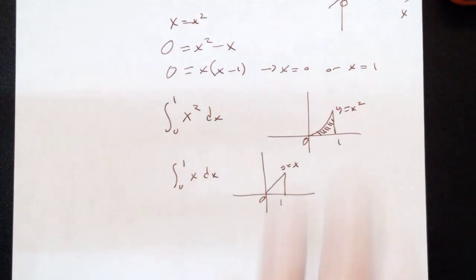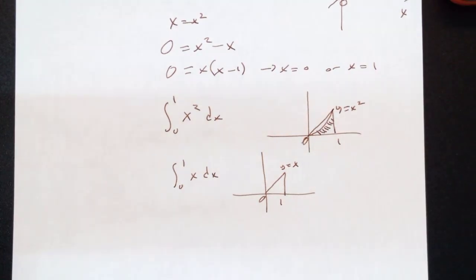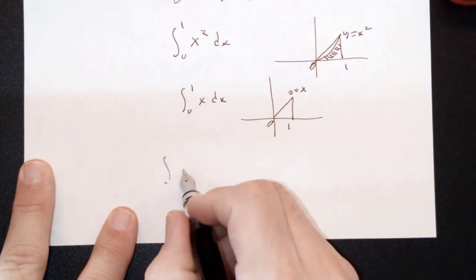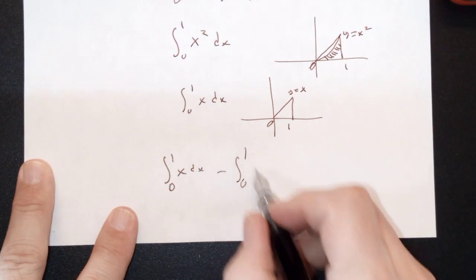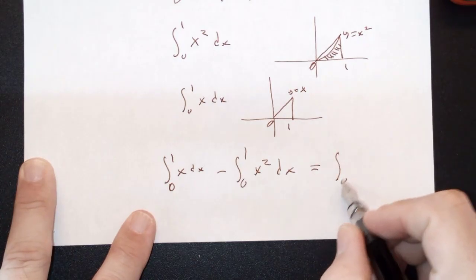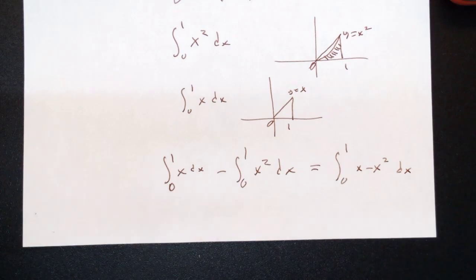If I overlaid these, then the area I want is that piece. It's the difference between these two areas, which makes it the integral of x dx from 0 to 1 minus the integral from 0 to 1 of x squared dx, which is exactly, because if I'm adding or subtracting with the same limits, I can combine these two integrals and just do one.